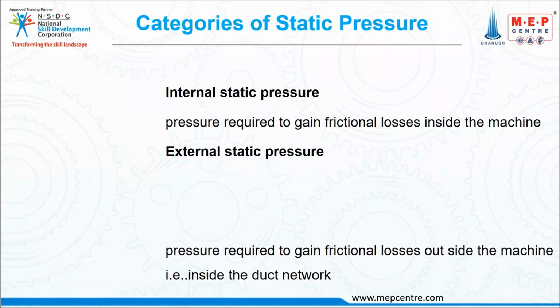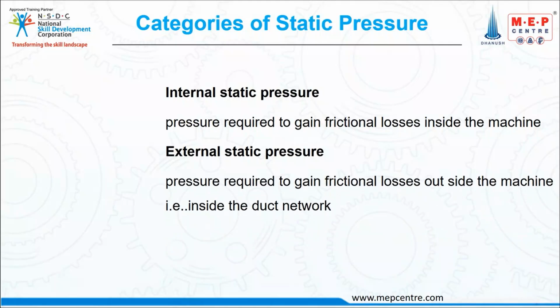External static pressure means the pressure required to overcome the frictional losses outside the machine, that is, inside the duct network. Any losses inside the duct are called external static pressure. Being an HVAC engineer, we calculate only external static pressure.